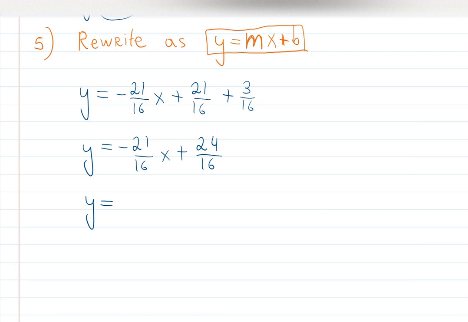Seems like we can. 24 over 16, if you divide by 4, it's going to be 6 over 4, right? Yes. Negative 21 over 16x plus, okay, 6 over 4 can be simplified as well. That's why I got confused for a second. 3/2.